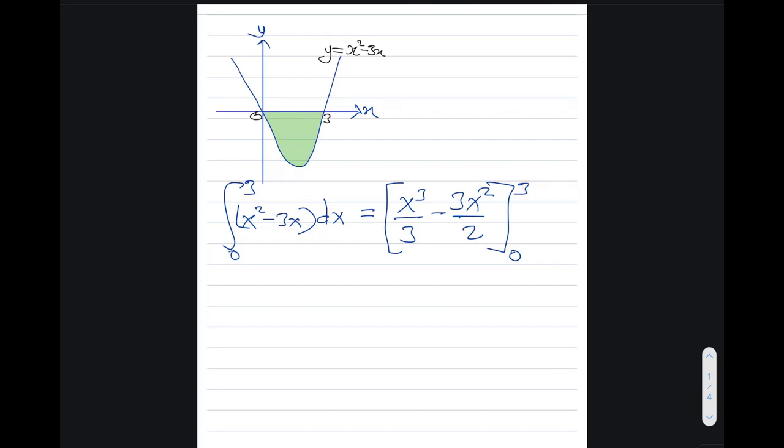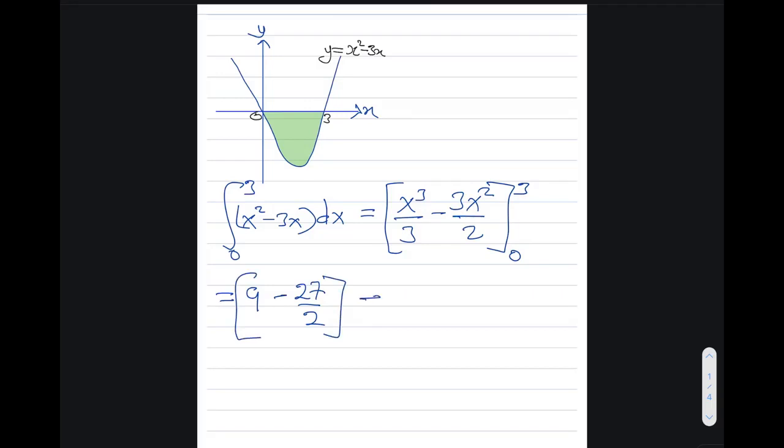We put 3 where we find x, and that would be 9, because 3 cubed is 27, and 27 by 3 is 9. Then we have minus 27 over 2. So we are done with the first part.